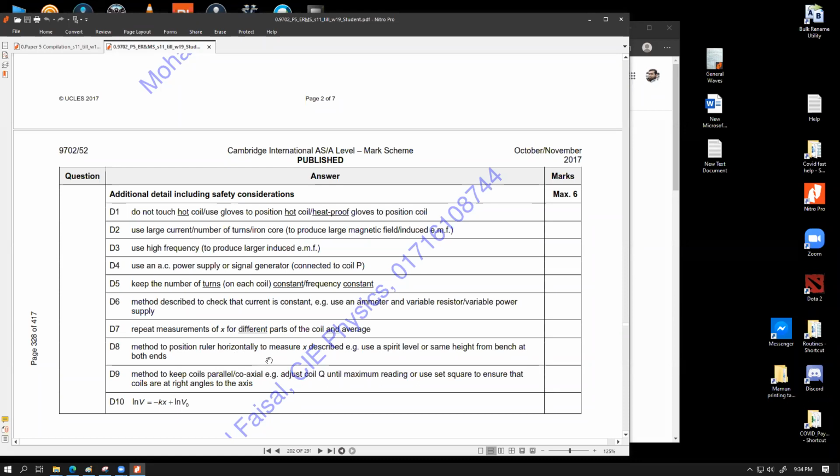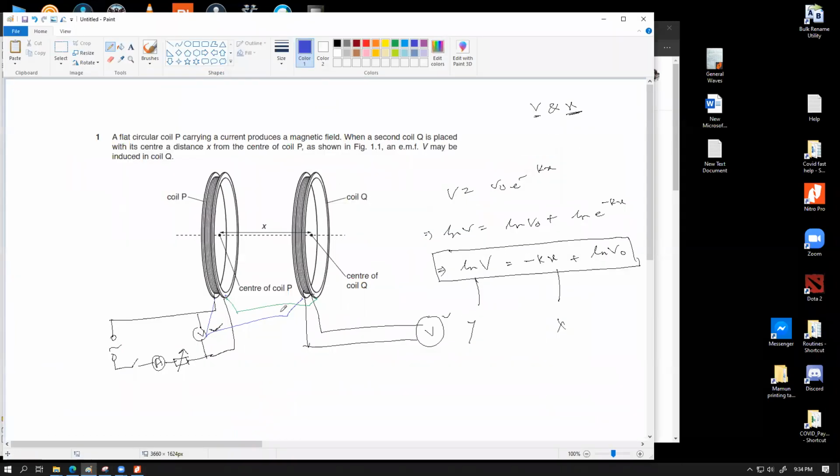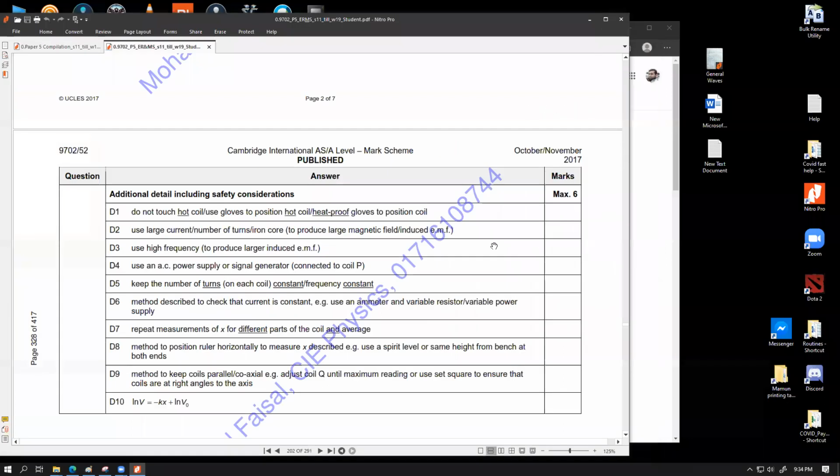Method to position the rule horizontally to measure the X: described using a spirit level, same height from the bench at both ends. Okay, so they are proposing a way to measure the X exactly at the empty space, in between floating points, but I did not propose that. I propose that we measure the distance exactly on the table. So you see the table and you measure the distance at the table level. So you would not require a spirit level for this one.